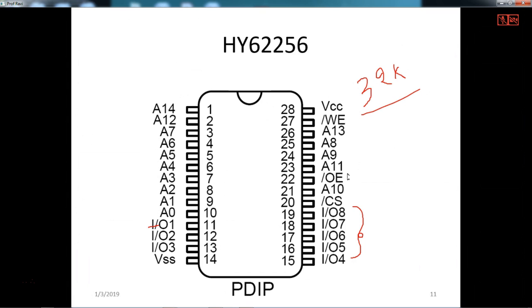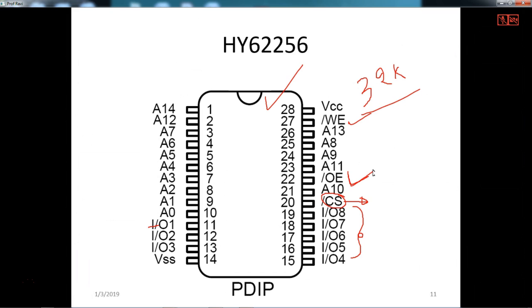Then here you have output enable, because from the buffer you have to bring the data onto the data bus. So output enable and write enable, and this is what the chip select is. When chip select is 0, then this memory IC is selected or enabled. So this is the chip select pin.